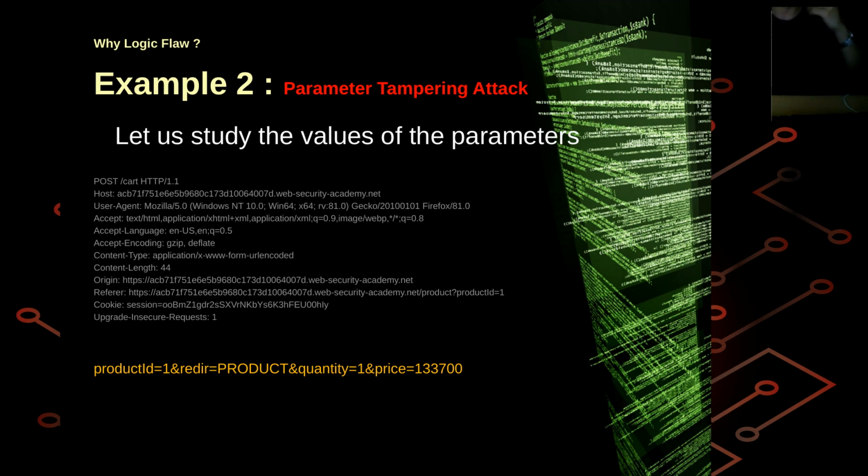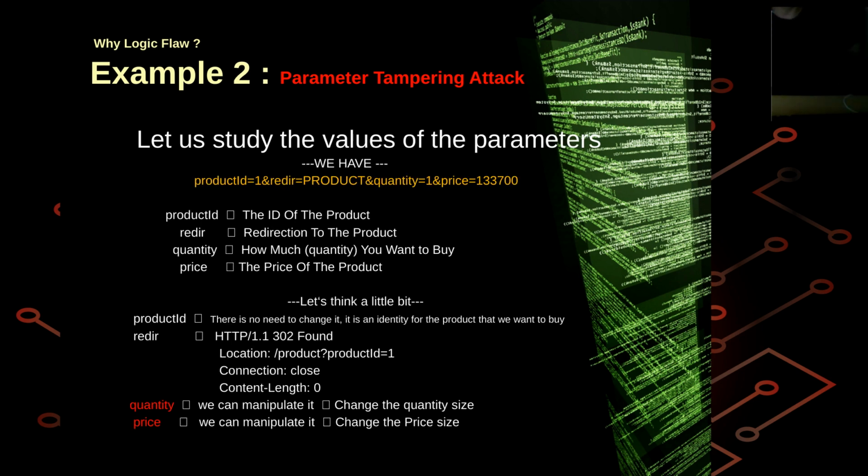For the product ID, there is no need to change this identity for the product that you want to buy. The redirect is like a response from the server, because when you buy this jacket, you get a response from the server that redirects you to the product page again.